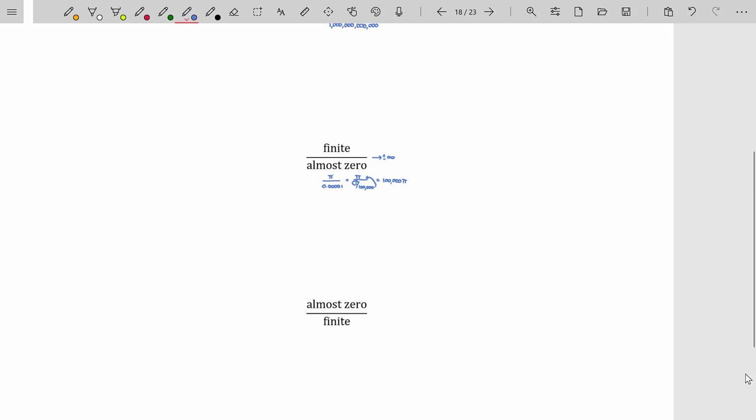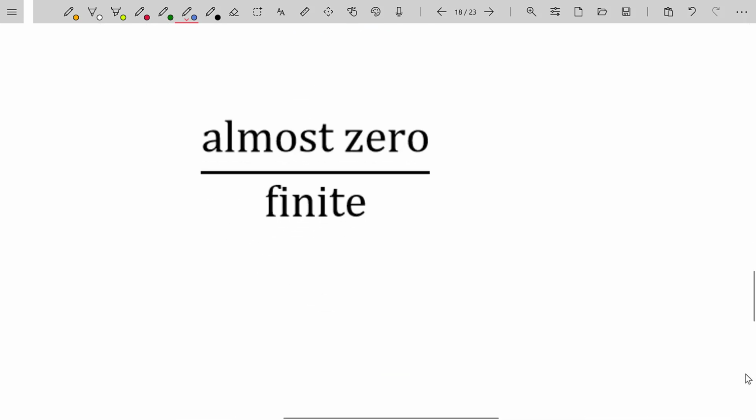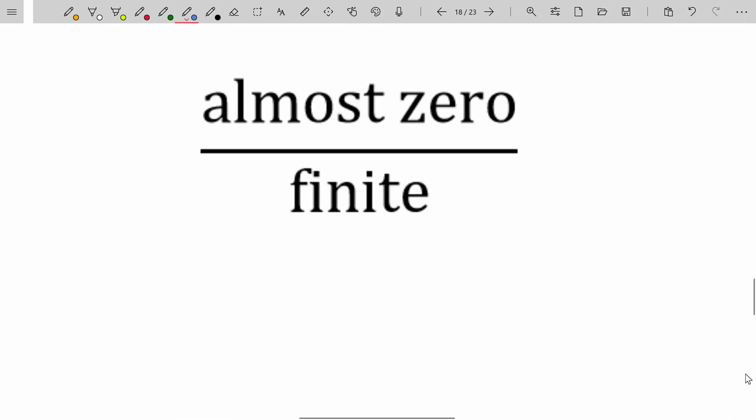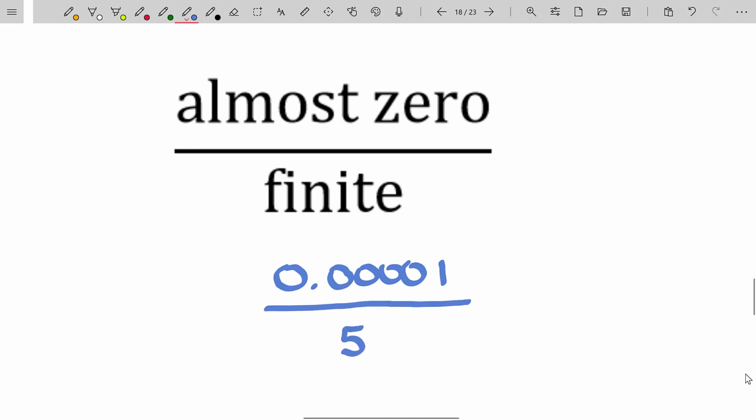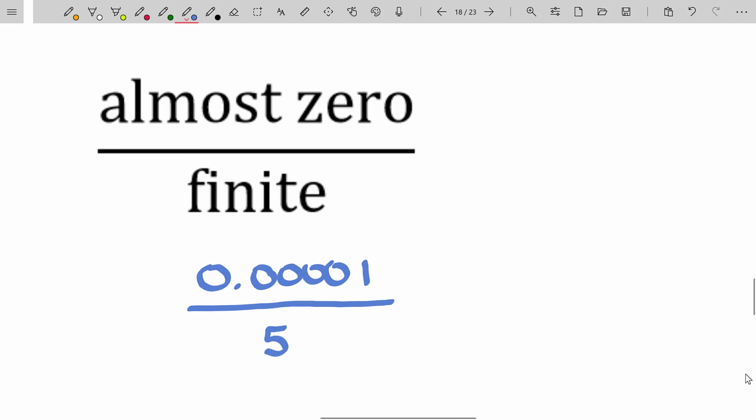Now, the very final one is, I think, actually pretty easy, right? So you have something that's near to zero over something finite. Well, that's something like 0.00001, that's near zero, over something finite like 5. Well, still, that's basically 0 on top divided by 5, that's roughly 0. So this is going to tend to 0.